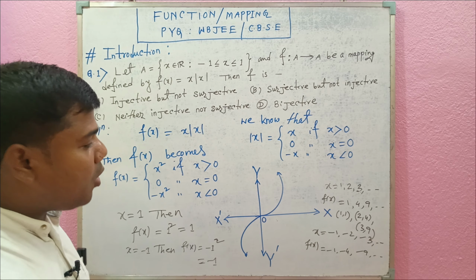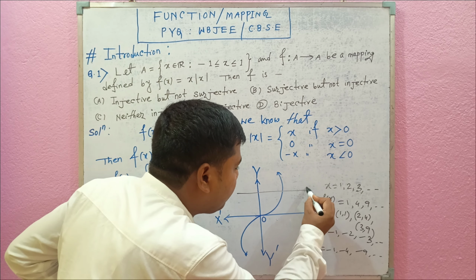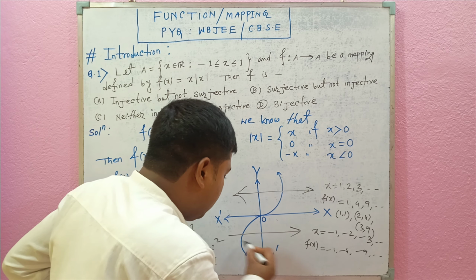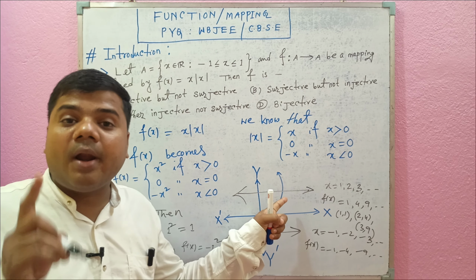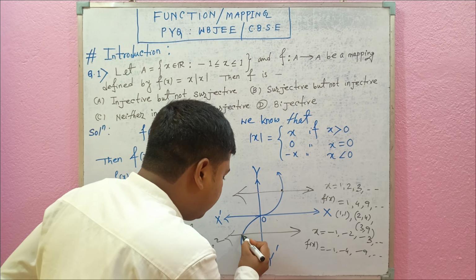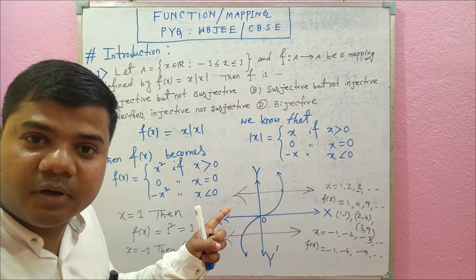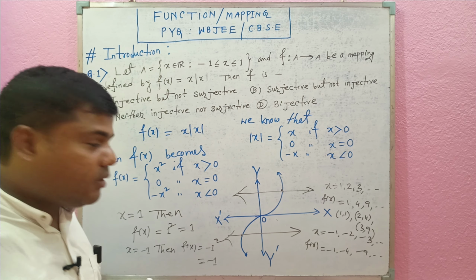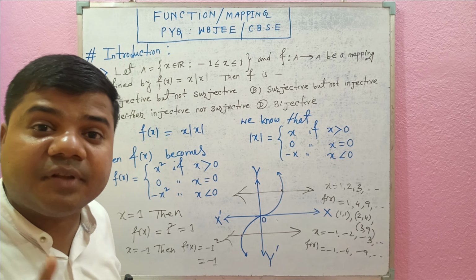If we draw a line anywhere on the graph, the line cuts the graph at only one point, this and this. So this is a one-to-one function. Is it clear? So this is a one-to-one function, that is injective.